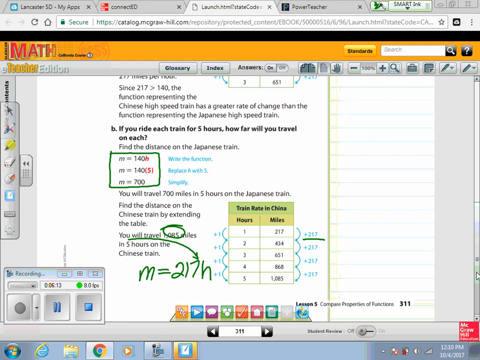So if you're going to compare it, then the train today goes 1,085, and the first train went 700 miles. And it's good to do the subtraction and come up with, what is it, 385 difference, how much faster the train today goes, 385 miles per hour faster than the first high-speed train.